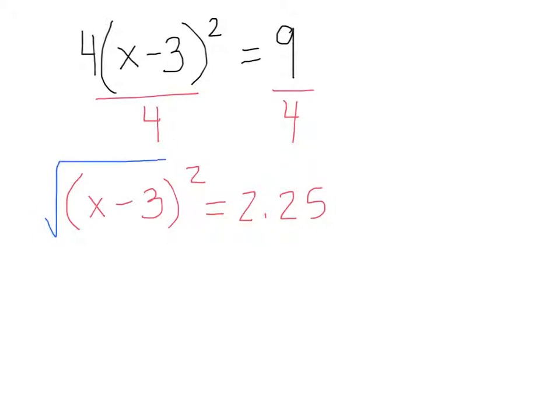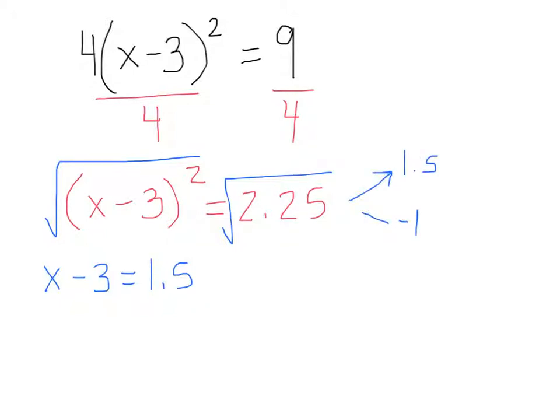So I'm going to take the square root of both sides. And so I have x minus 3 equals the square root of 2.25, which is 1.5. But the square root of 2.25 is not just 1.5, it is also negative 1.5.